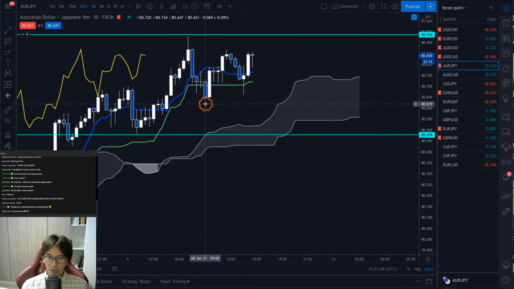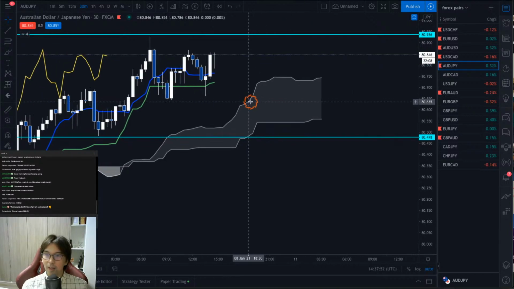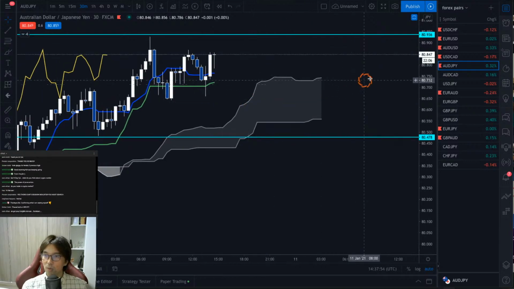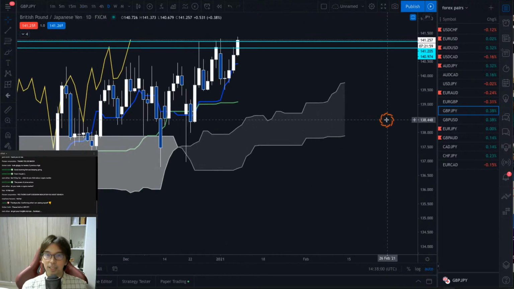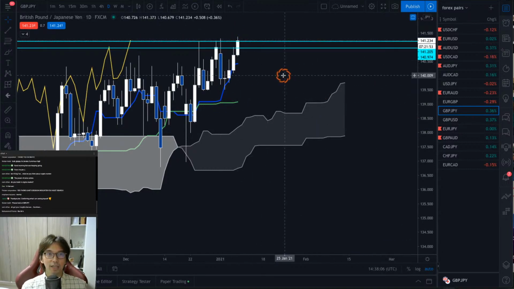Alright, let me take a look at the last pair, and please look at the pound JPY. Let's take a look at the pound JPY on the daily chart. It slightly broke the previous high. So Kumo up and Kijun Sen up on the daily chart, which is quite significant.